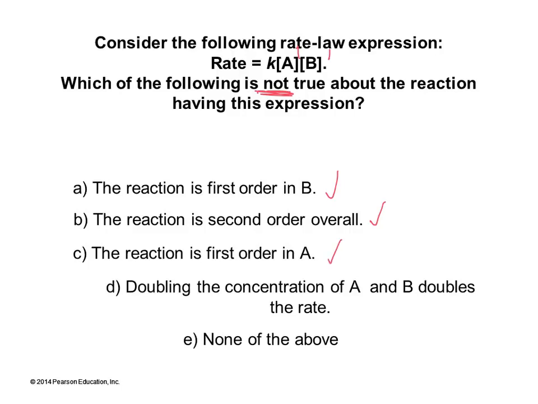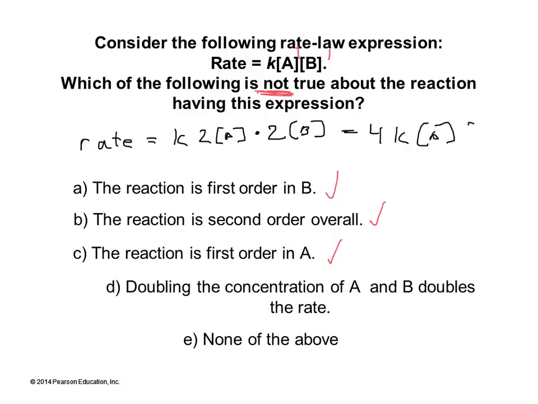Doubling the concentration of A and B doubles the rate. All right, well, let's see what happens. Let's do the algebra on that. Rate is equal to a constant times the concentration of A, so I'm doubling the concentration of A, times the concentration of B, and I've decided I'm doubling the concentration of B. So that means 4K[A][B].